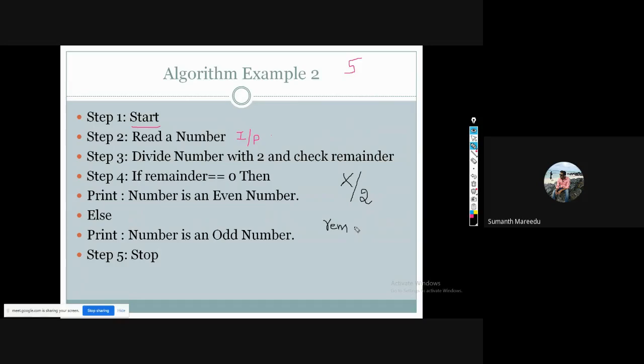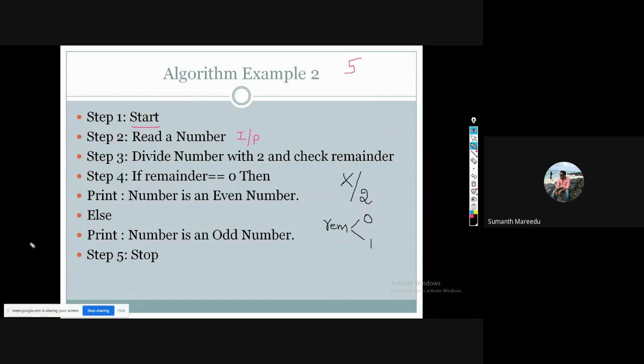If you divide by n, the possible remainders are 0 to n minus 1. If you divide by 2, the possible remainders are 0 to 2 minus 1, which is 1. That means you'll get the remainder either 0 or 1.